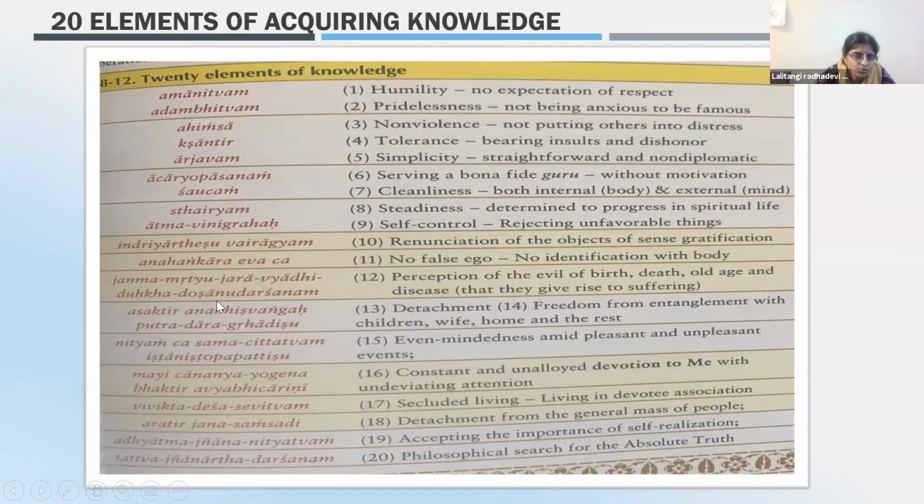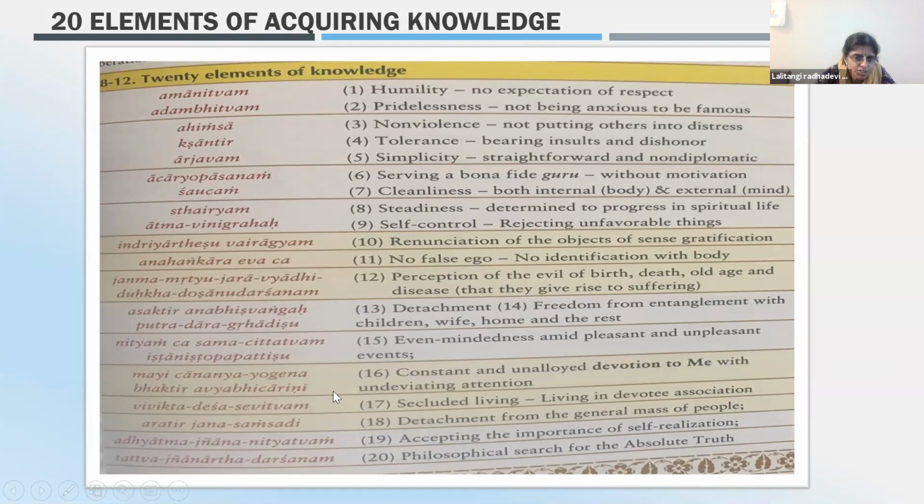Janma Mrityu Jara Vyadhi Dukkha Doshanu Darshanam, perception of the evil of birth, death, old age, and disease, that they give rise to suffering. Asaktir Anabhisvanga Putra Dara Grihadishu, detachment, freedom from entanglement with children, wife, home, and the rest. Nityam cha samachittatvam ishtanishtopapatishu, even-mindedness amid pleasant and unpleasant events.